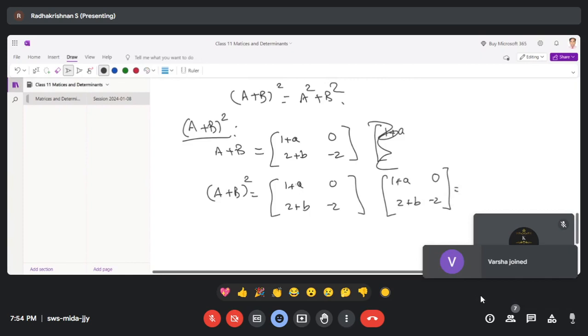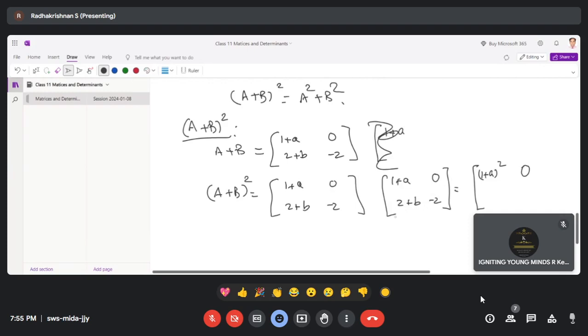So it will be 1 plus a into 1 plus a is 1 plus a whole square. Because other term is 0, 0 into 2 plus b. So that's why I simply put 1 plus a whole square. The next is first row into second column. So 1 plus a into 0, 0 into minus 2. So that is 0. Both are zeros.